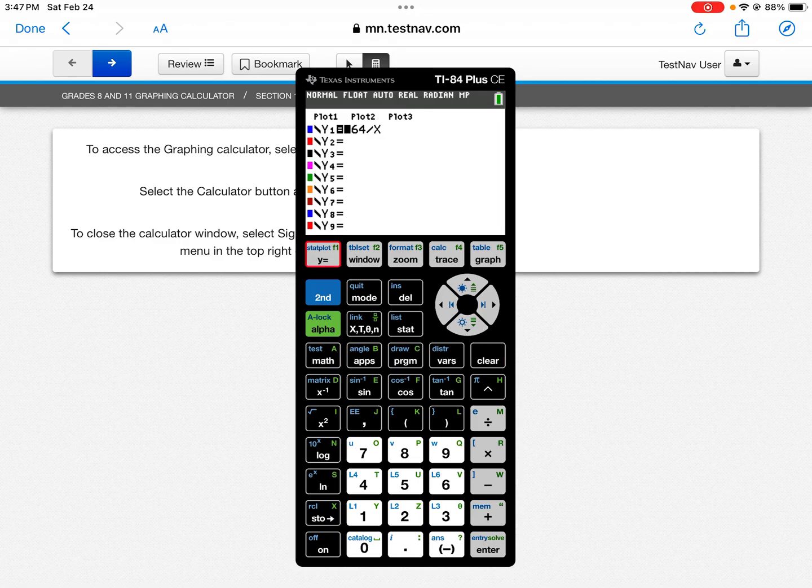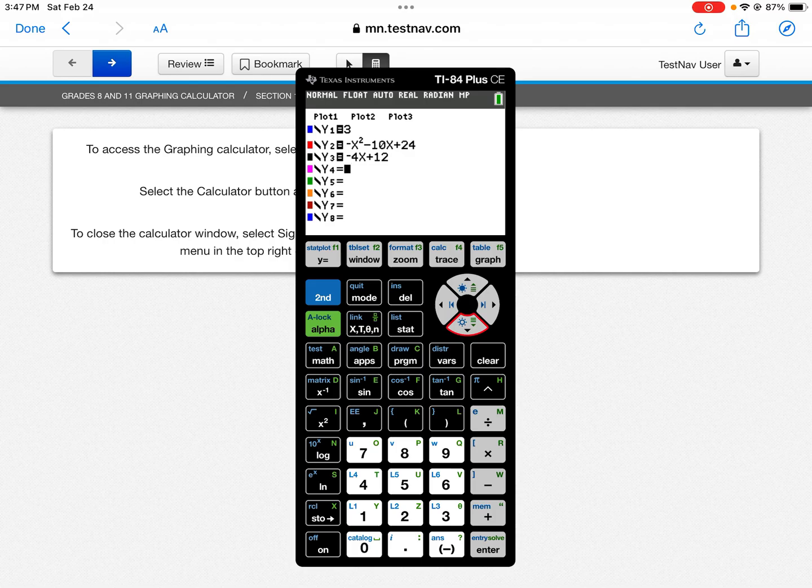And we're going to put in what is in this problem. The very first equation is just the number 3. The next one is negative x to the second power minus 10x plus 24. The next one is negative 4x plus 12.